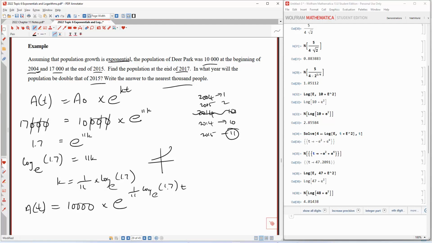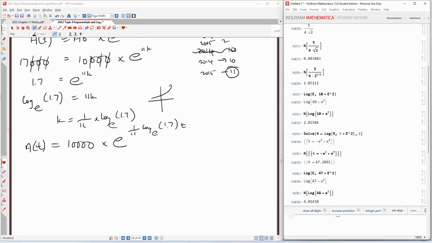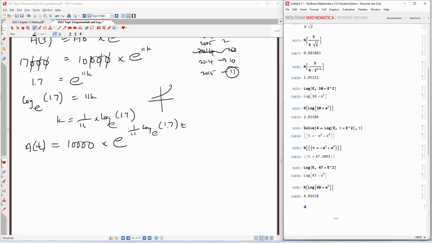Now find the population at the end of 2017. Let's use a function here: A of t equals 10,000 times e to the 1/11 log e 1.7, times t.